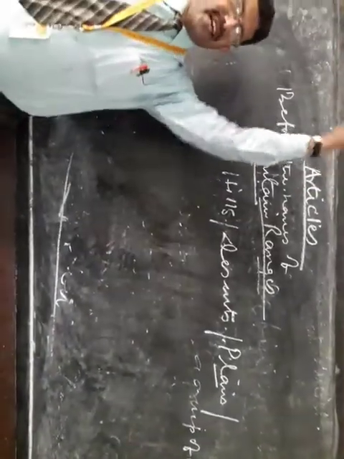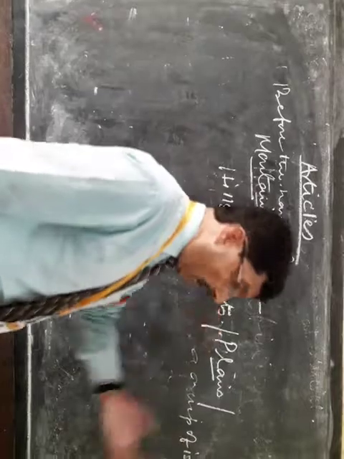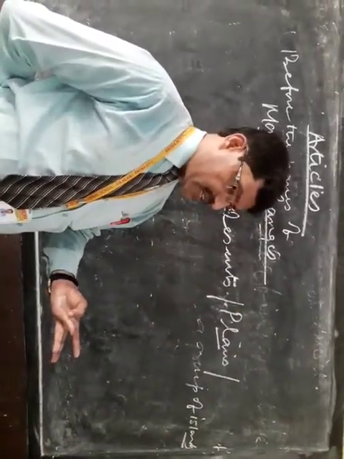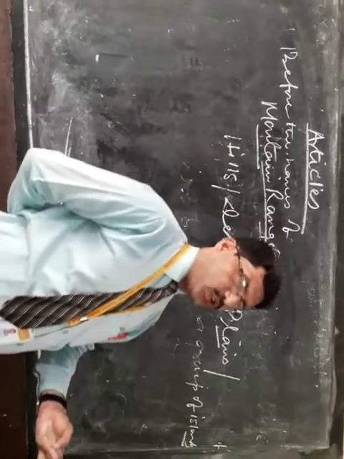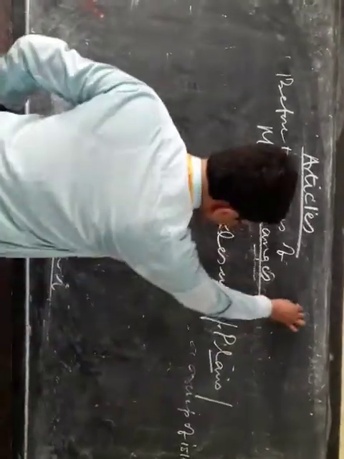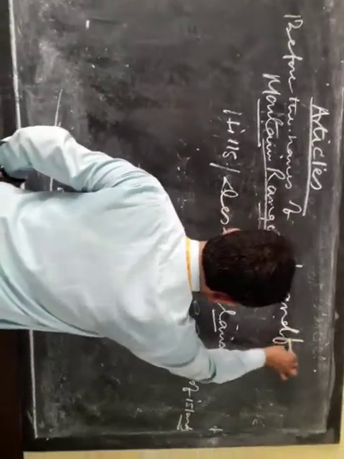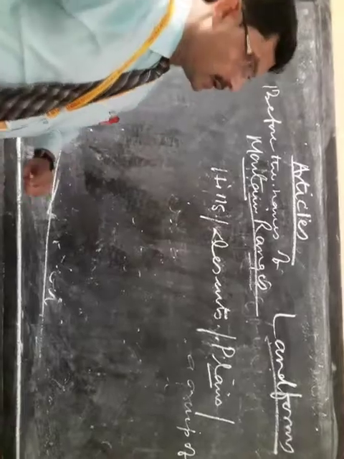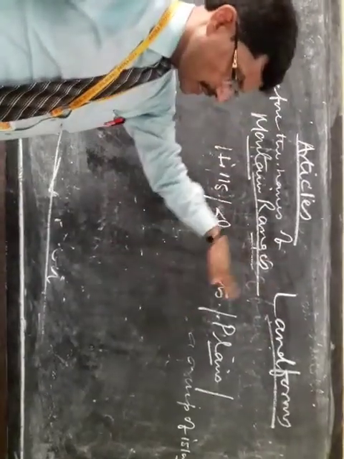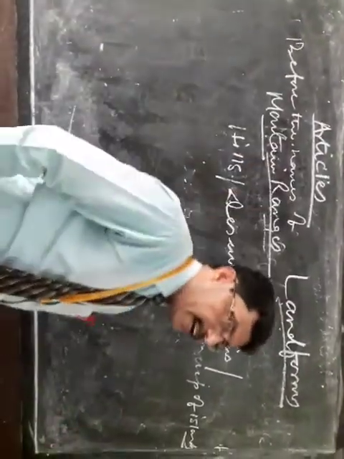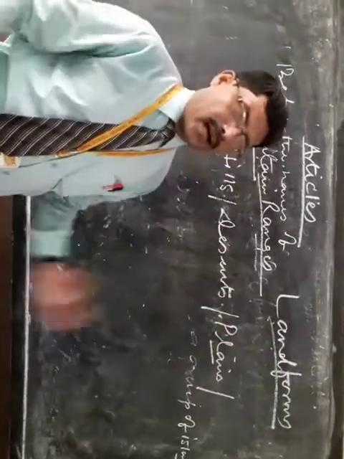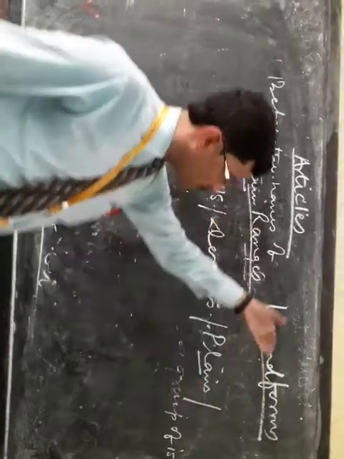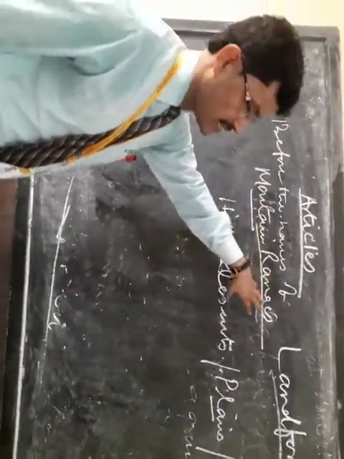Keep one thing in your mind here. What are the major landforms? Mountains are major landforms. Plains are major landforms. So what comes under landforms? Mountains, hills, plains, deserts, groups of islands. All these come under landforms, and before them we use the article the.